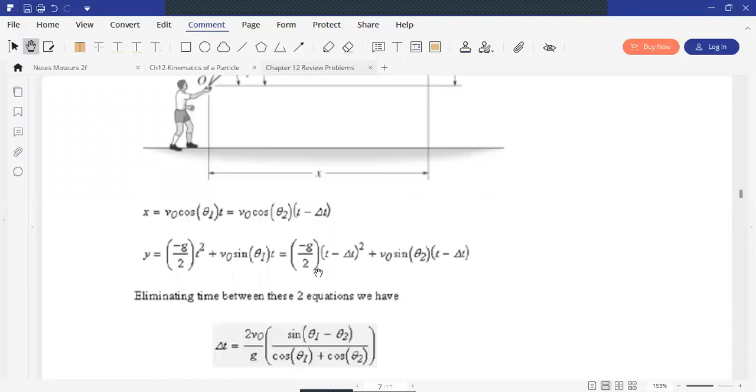So you have two equations with two unknowns, t and delta t. By eliminating t between the two, you get the elapsed time delta t, between launching particle 1 and launching particle 2. This time delta t will be a function of the initial speed v0 and the angles theta 1 and theta 2.